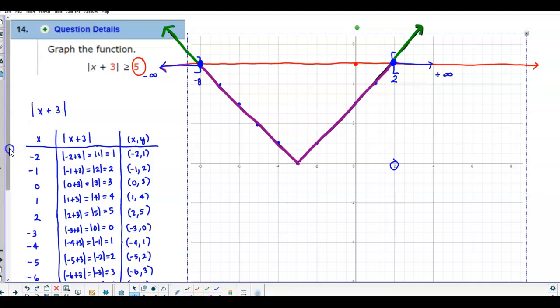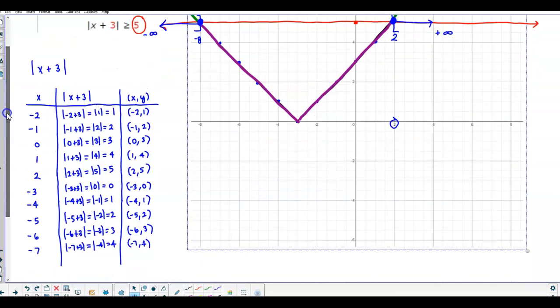So the way we can answer this question is by looking at that interval notation. There's what our graph looks like. And then our interval notation, if you look at what's in blue, we're going from negative infinity to negative 8 with a bracket, and then union, bracket 2 to positive infinity. So that is all the numbers that are above 5.